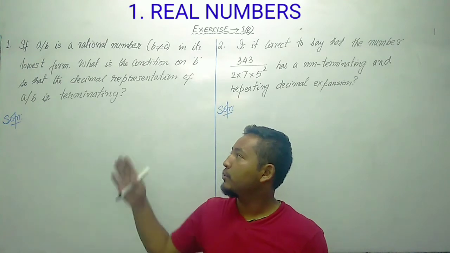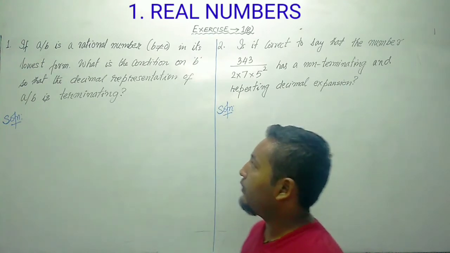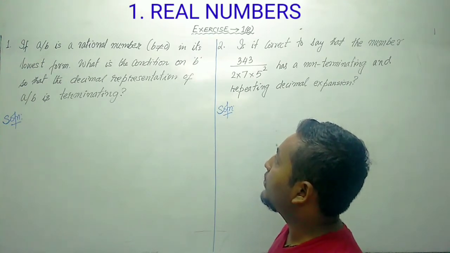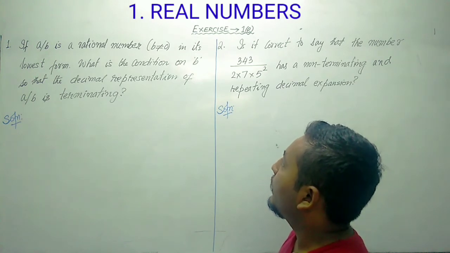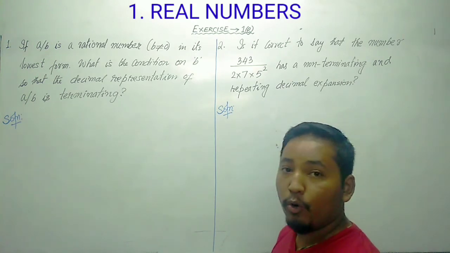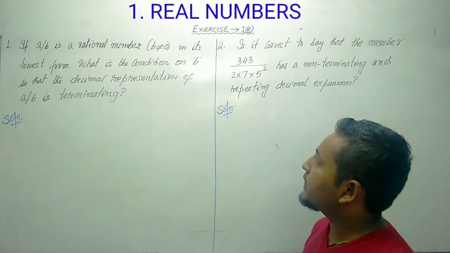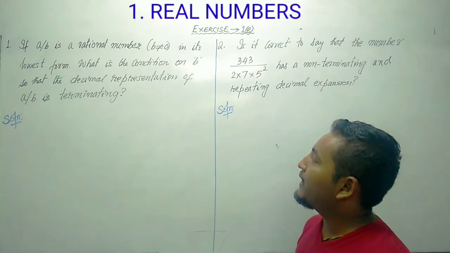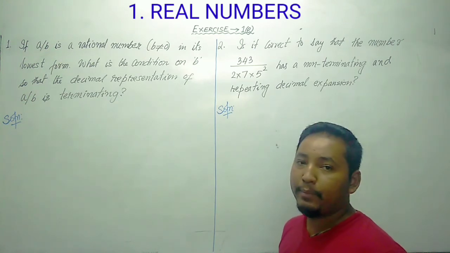Let us look at question number 1, which says: if a by b is a rational number where b is not equal to 0 in its lowest form, remember lowest form, what is the condition on b so that the decimal representation of a by b is terminating?